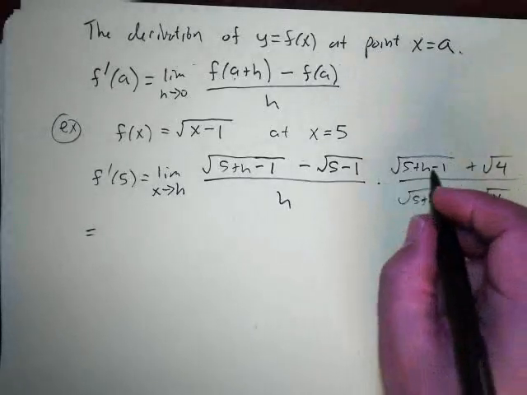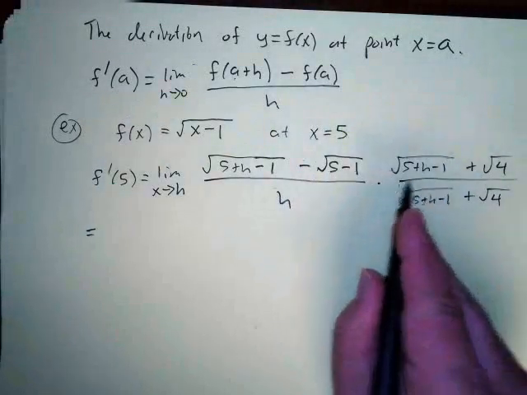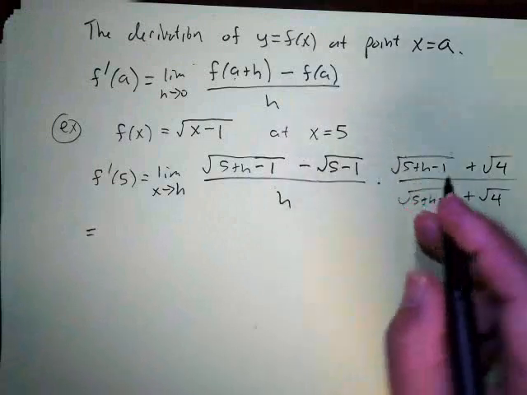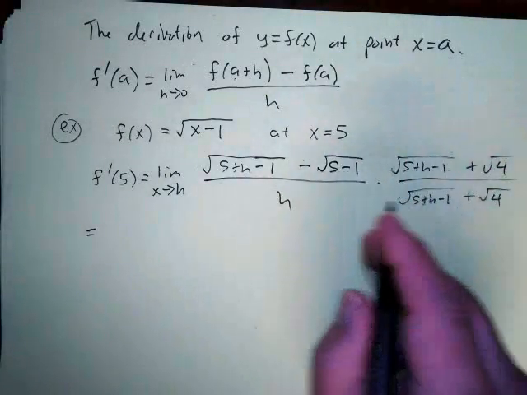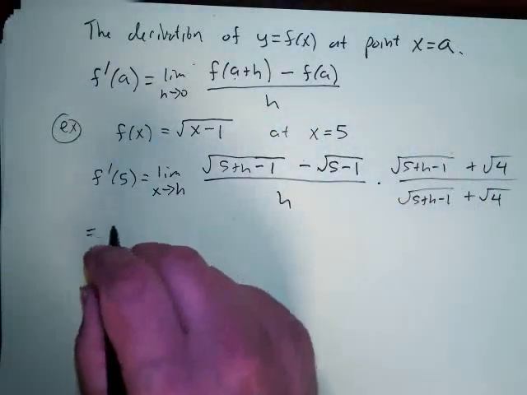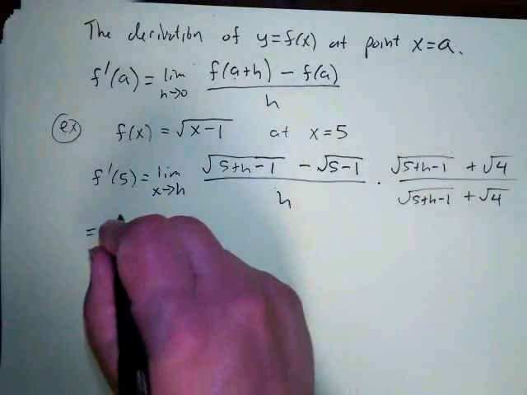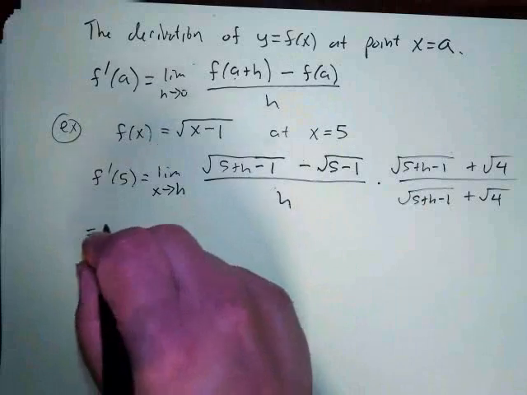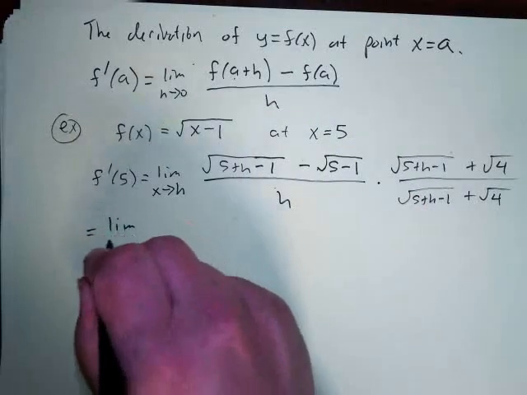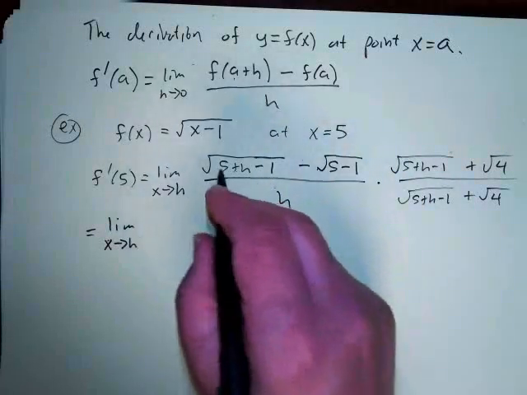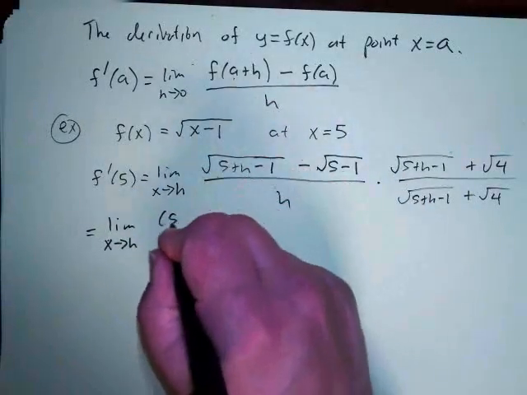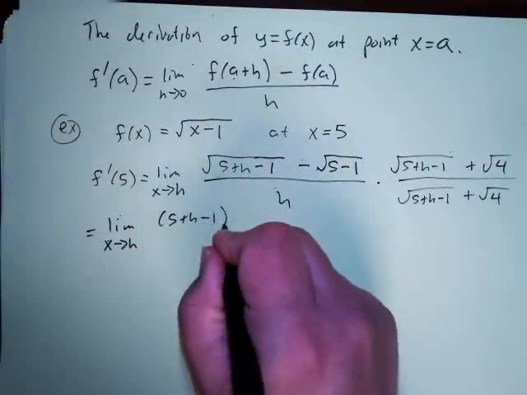Okay, and so I'm going to multiply top and bottom, and when I multiply these here, it's like the sum and difference of a binomial, and so it'll be the difference of the two squares. So I'm going to get the limit as h goes to 0, and then I'll have this whole thing squared, so 5 plus h minus 1.